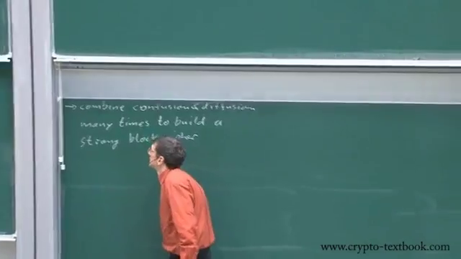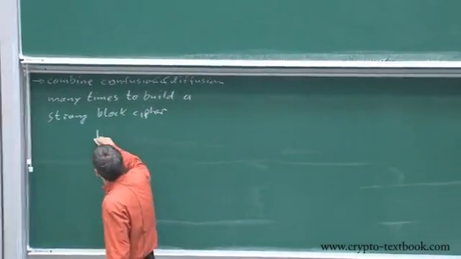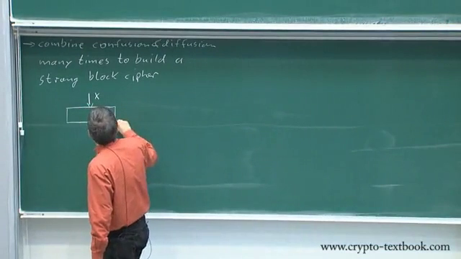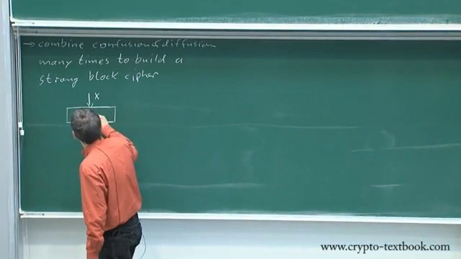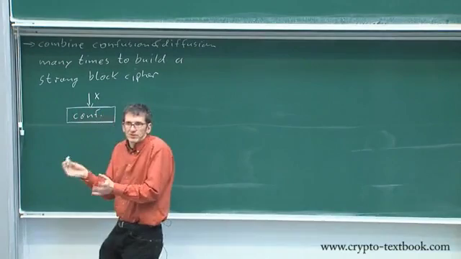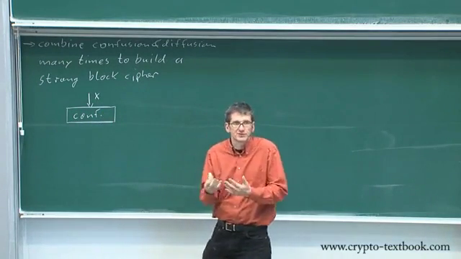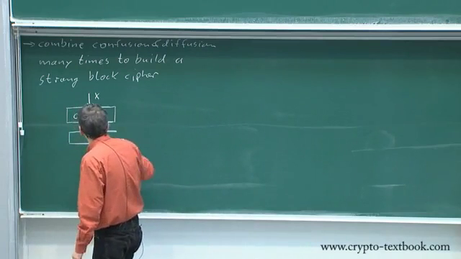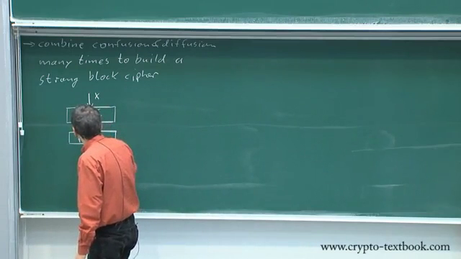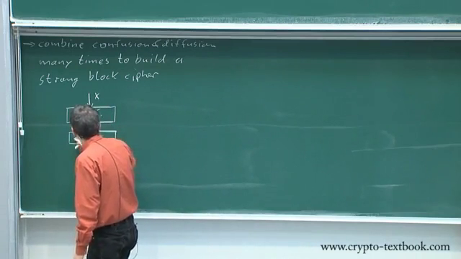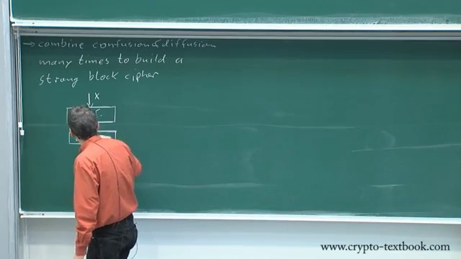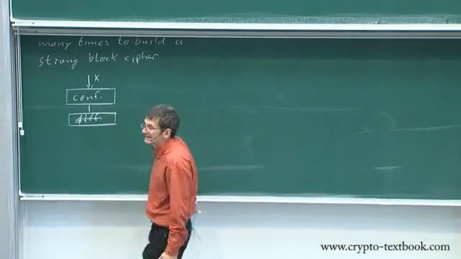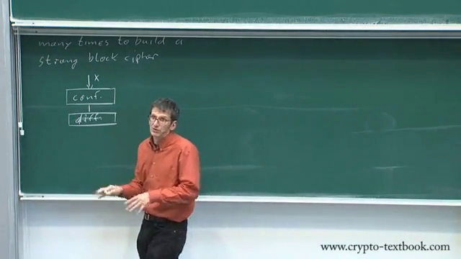That means you start with your plain text X and you have some confusion element, something like a substitution table. You do some permutation, a diffusion, some diffusion, that's what I wanted to write here. So you do confusion, you do diffusion. Don't stop now, you do that again.